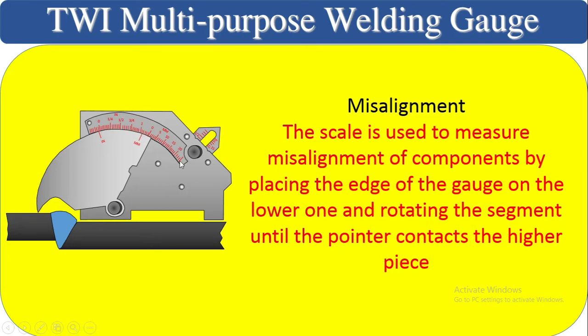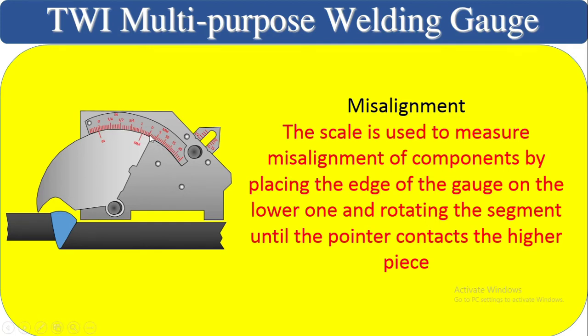This is the mm scale, and from here to here is 1 inch, meaning 0 inch, 1/4 inch, half inch, 3/4 inch and 1 inch. So 1 inch means 25 mm, 0 to 25.4 mm. For inch also 25 mm is there, and for mm also 25 mm is there.